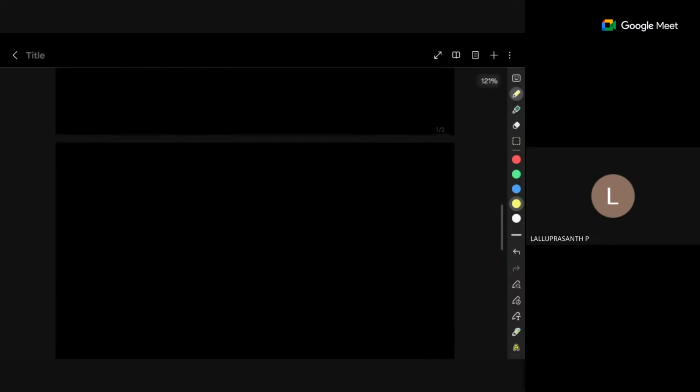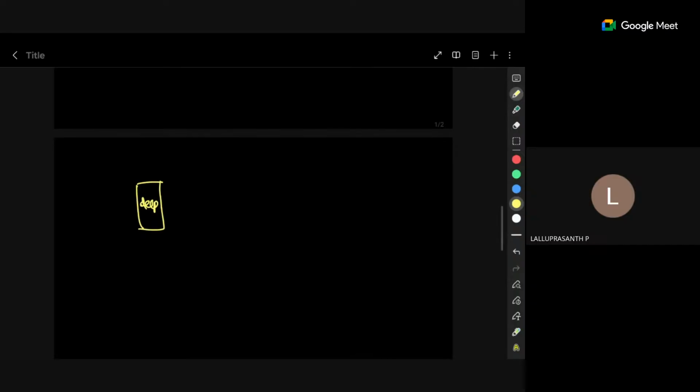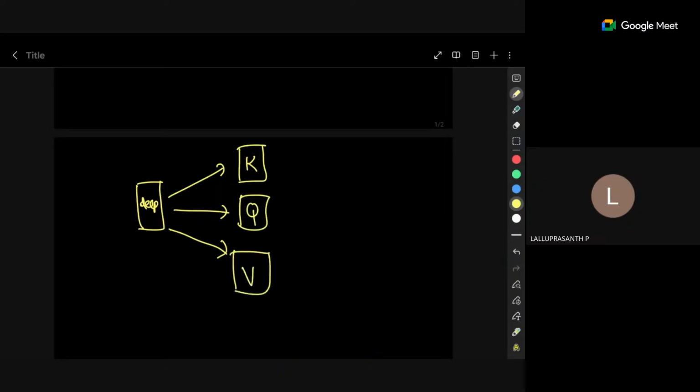Okay? So what we can do is, let's say we have the embedding of my word. Let's say deep is the word here. From this embedding, I can produce three vectors. One I'll call key, another I'll call queries, and the third I'll call value.